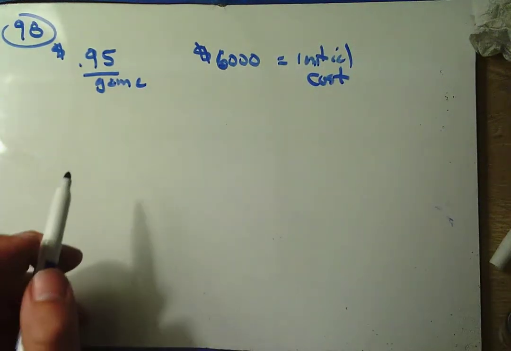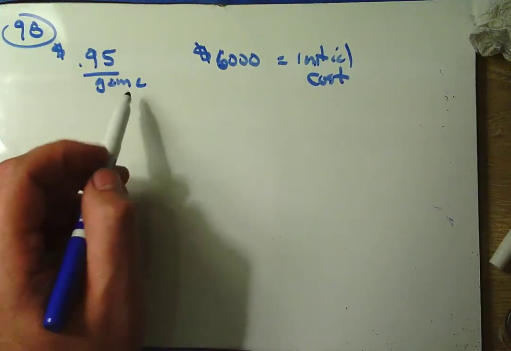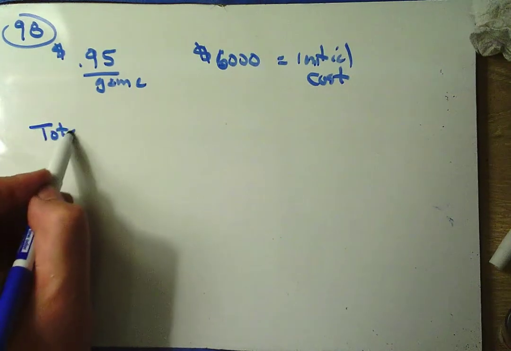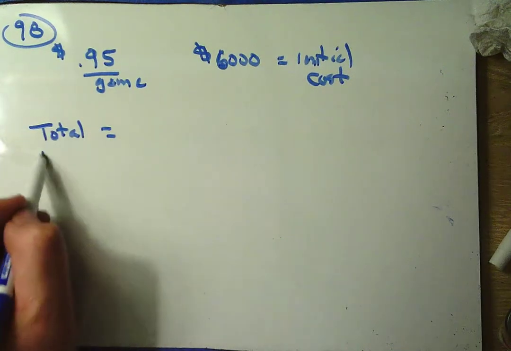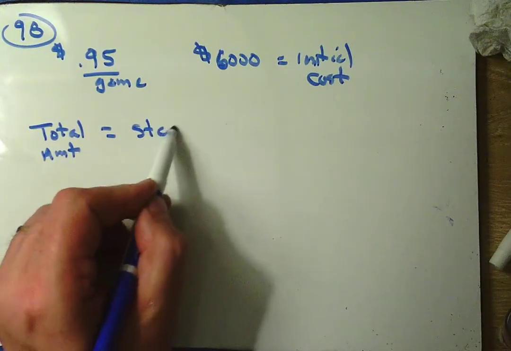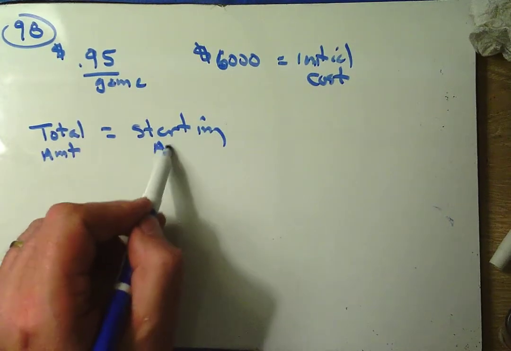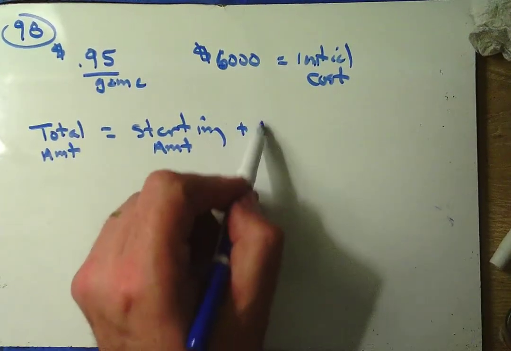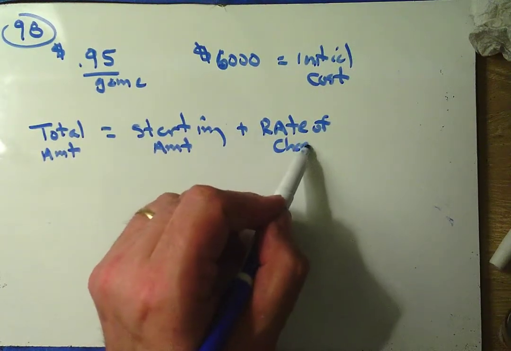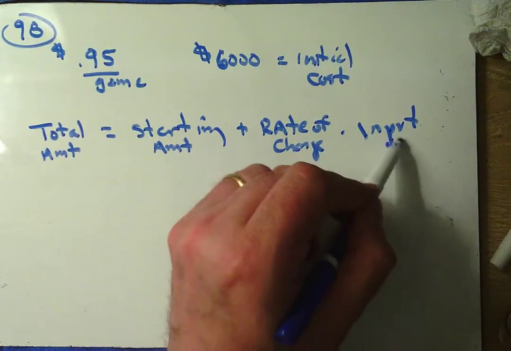Well, I remember back on assignment 2 when we said, hey, if I'm trying to build a linear model, I know that total equals starting amount plus rate of change times the input variable.